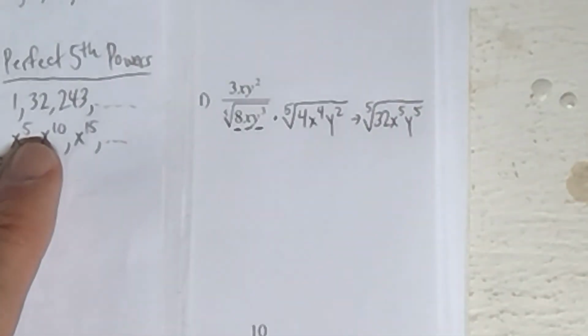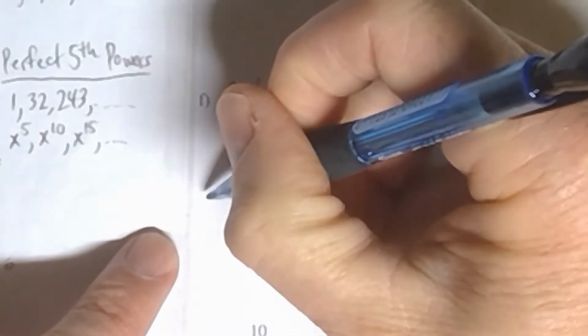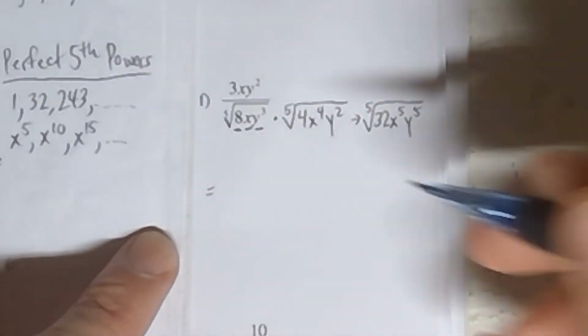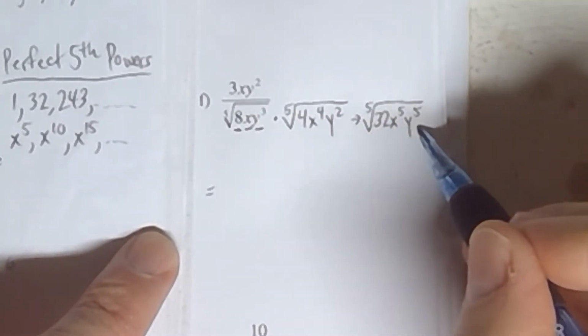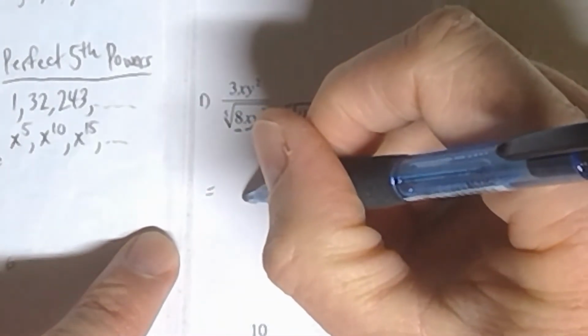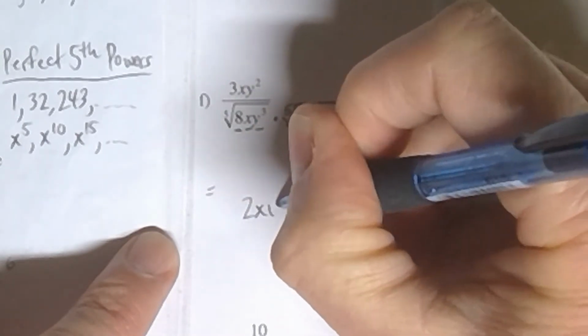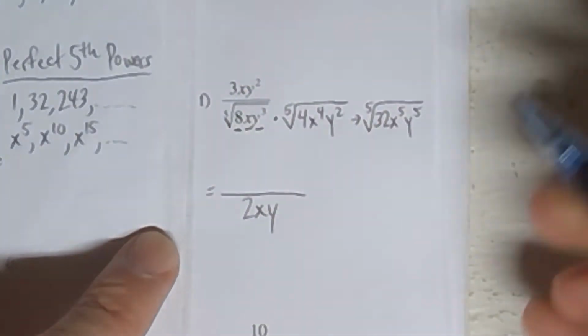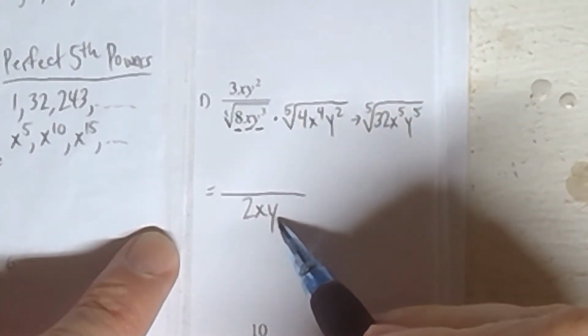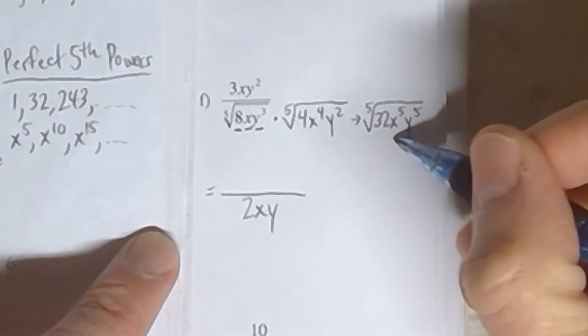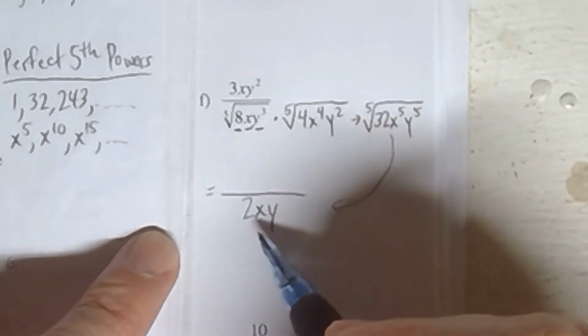Does that make the radical go away? It sure does, you guys, because the fifth root of 32x^5y^5, isn't that equal to 2xy? Because if you took this entire thing to the fifth power right here, it would be equal to that. And so that is the fifth root right there.